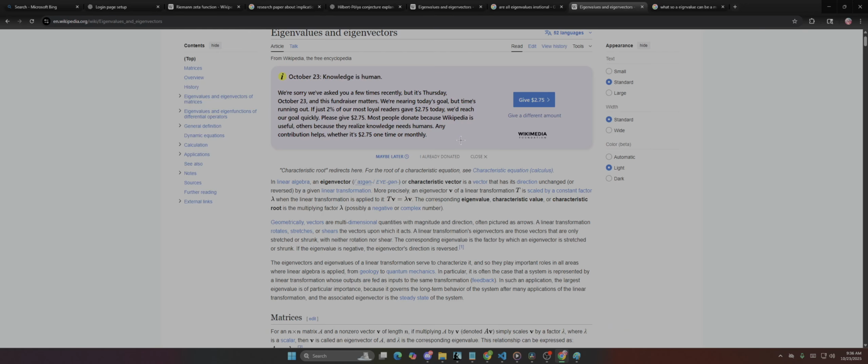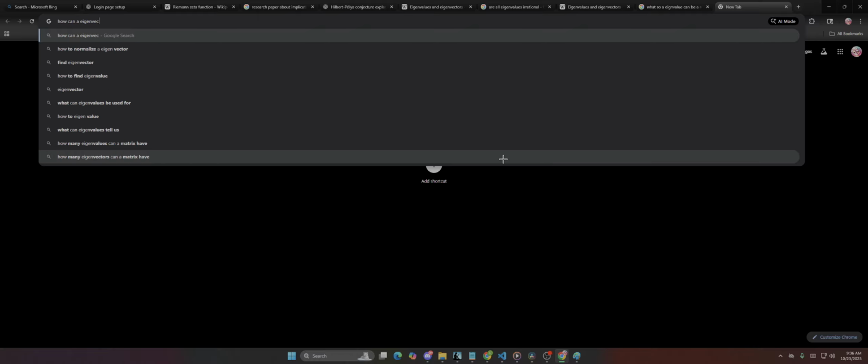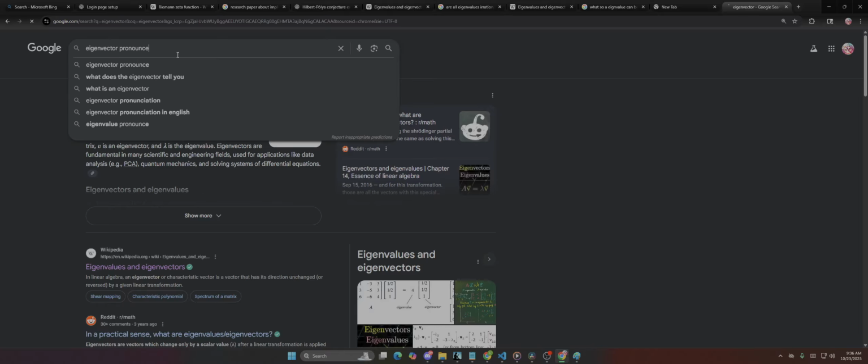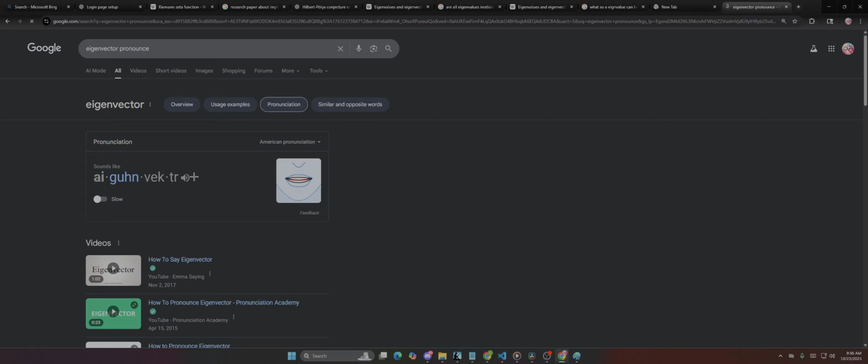How do you even pronounce this, bro? Eigenvector. How can an eigenvector not change when it is an integer?